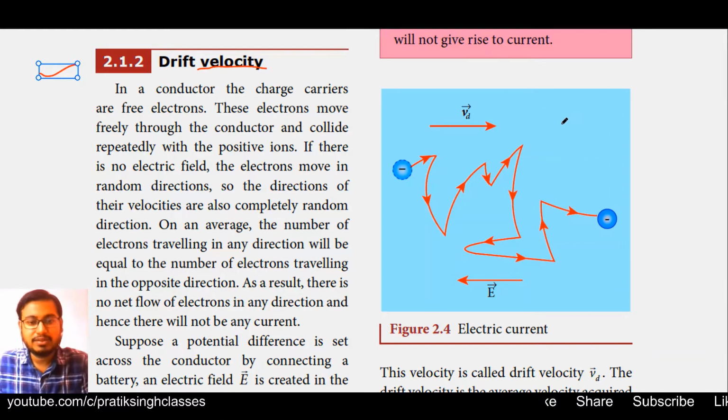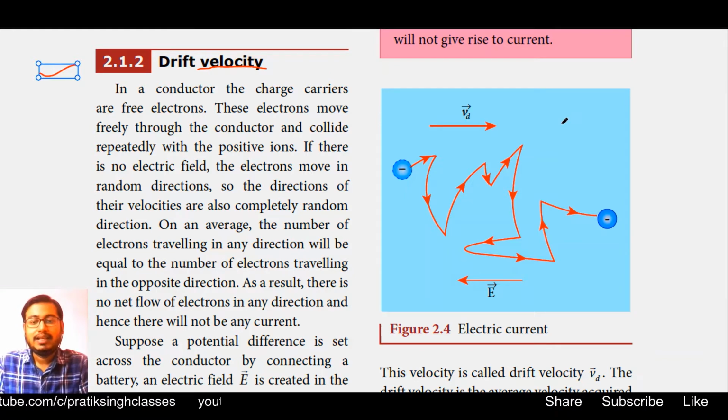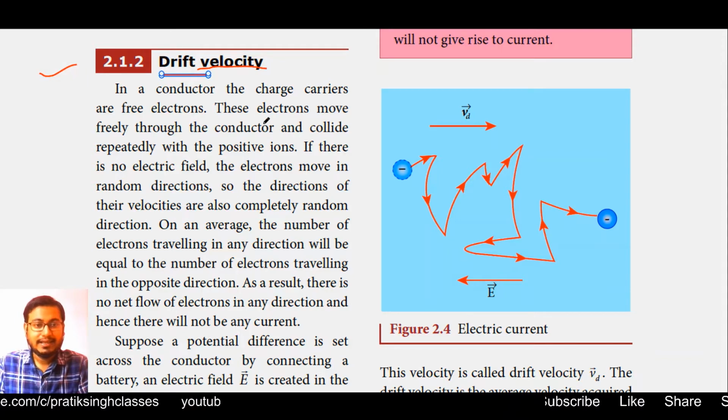A lot of terms we have seen. But in case of current, when charges move in a particular direction, a force is needed, means a push is needed to make the charges move in a particular direction, and that is called here drift velocity. Let us try to understand this in brief.